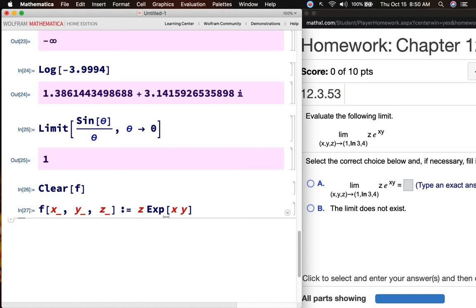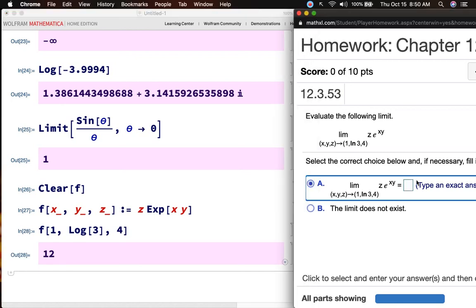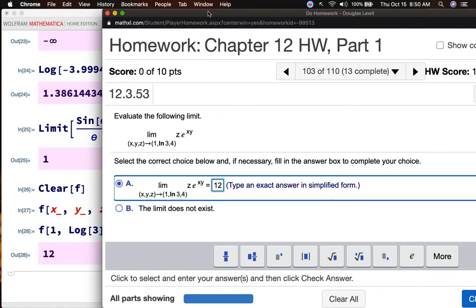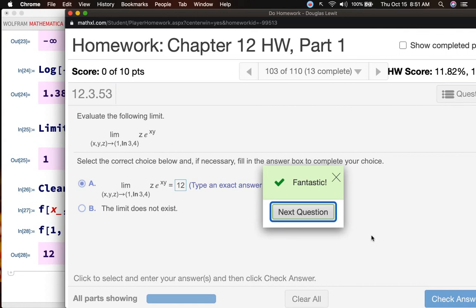So this is z times e to the power x times y. So x is 1, y is the natural log of 3, and z is 4. And the answer is simply 12. It's very simple. And that is correct.